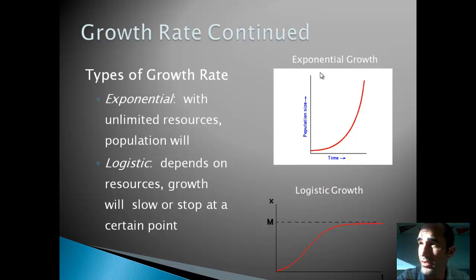If you had unlimited resources and a steady birth rate, your population size would grow exponentially. So if you have 2 rabbits, they make 4 rabbits, 16 rabbits, 32 rabbits. If it just kept doubling in size, you'd get this exponential growth curve, and it would keep peaking like that.